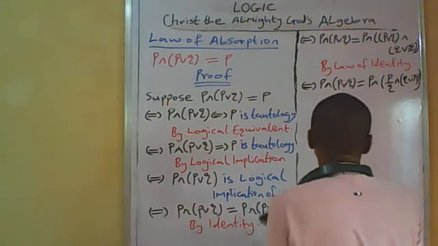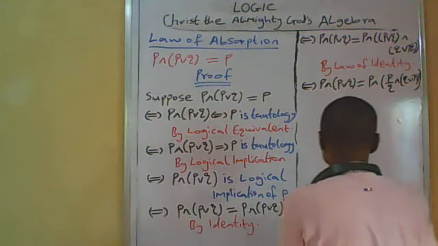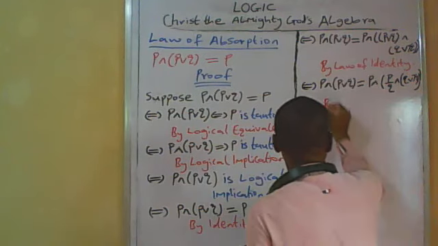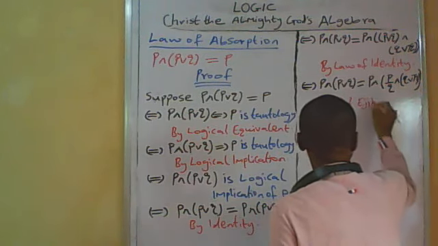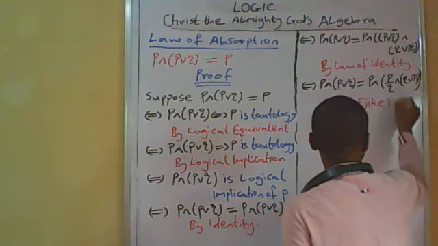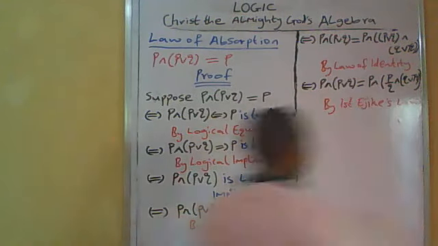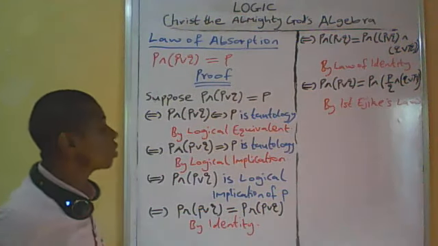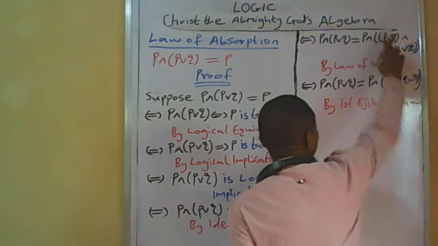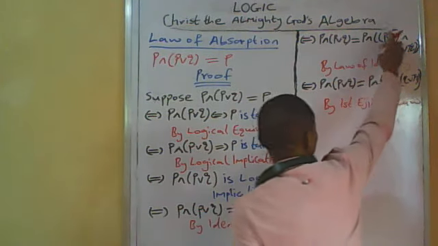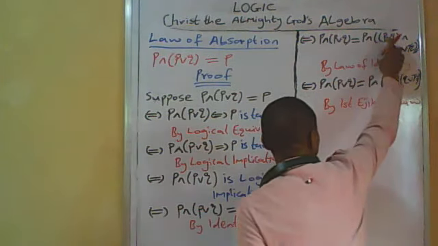Being justified by first Ejike's law. So it is through first Ejike's law that we transform this disjunctive statement P or Q to the conditional statement.